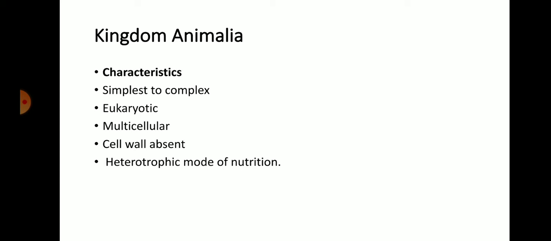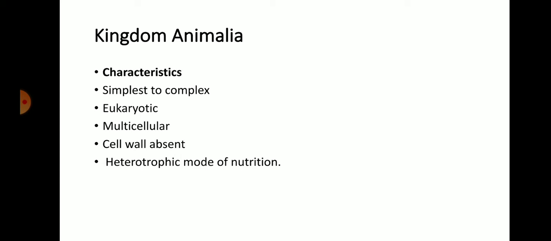Eukaryotic means they have a true cell nucleus. So the kingdom Animalia fauna consists of a true nucleus. Also, they are multicellular in nature.